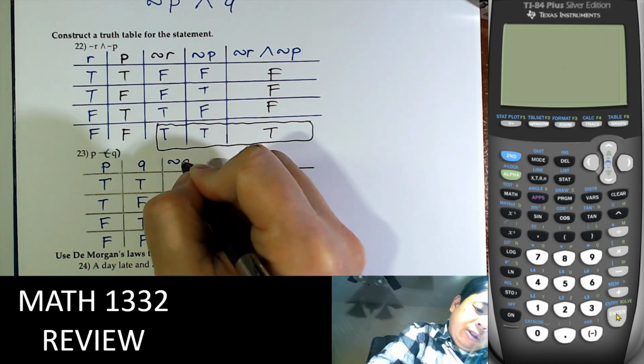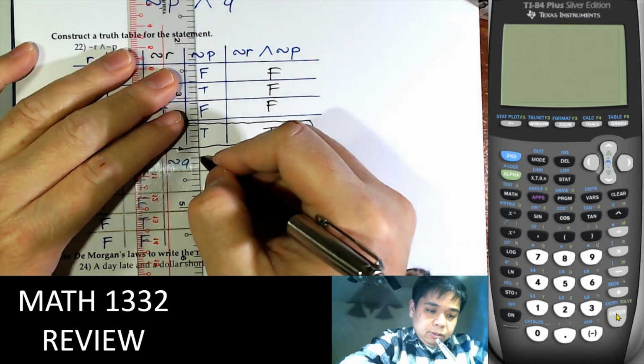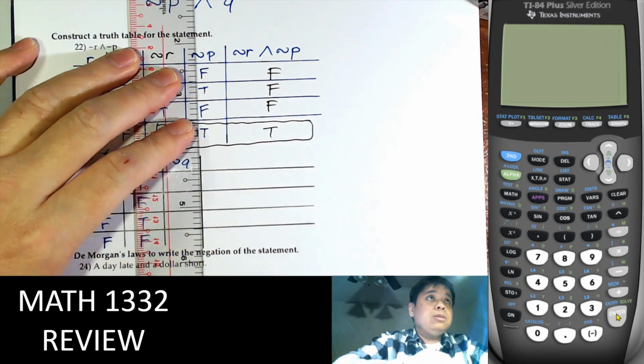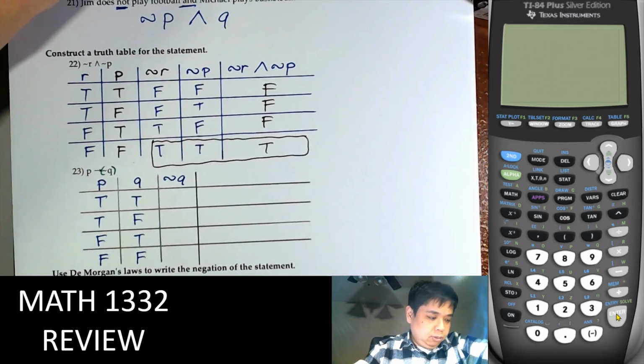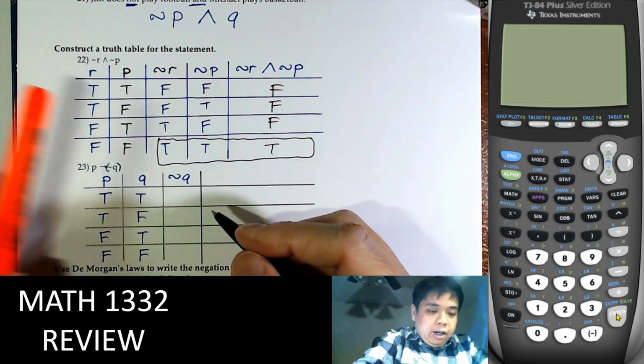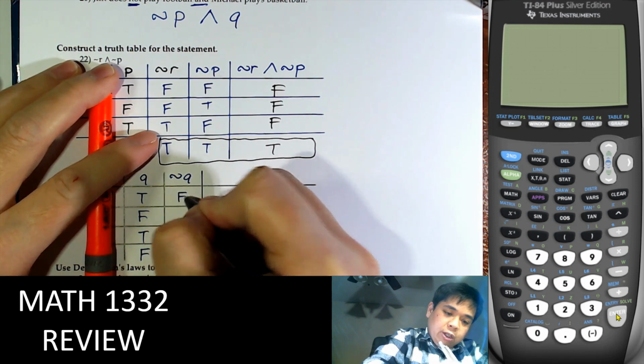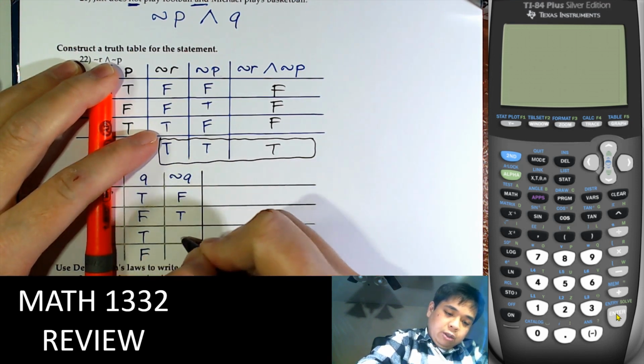Not Q. So that is Q. Negation of Q, just true becomes false, and false becomes true.